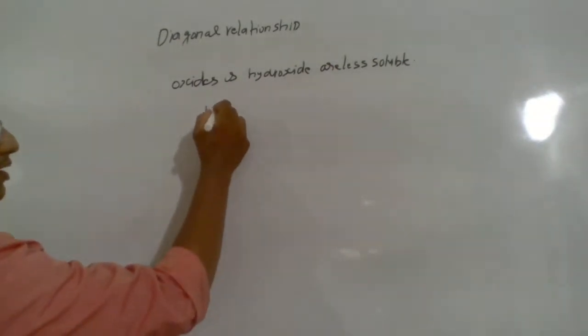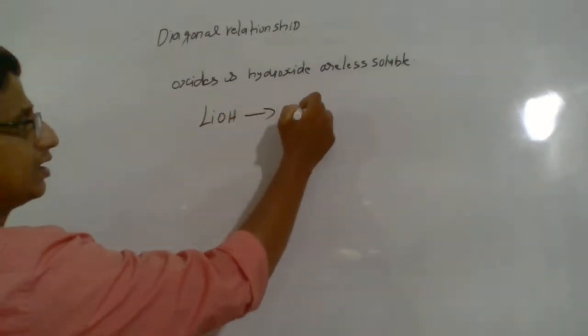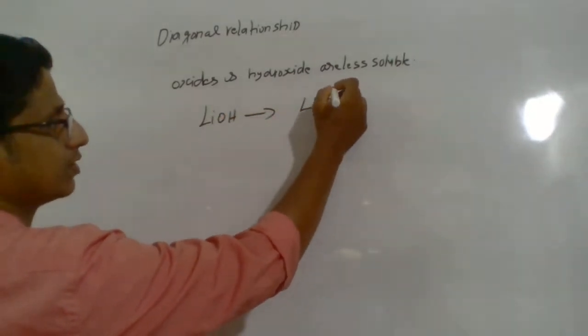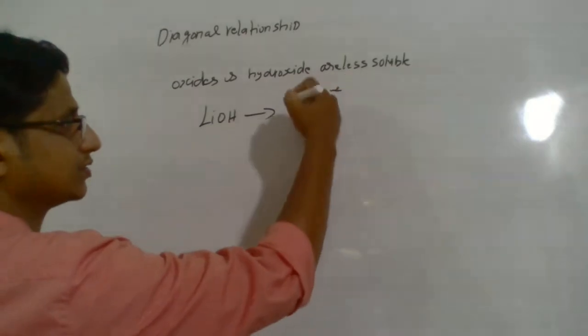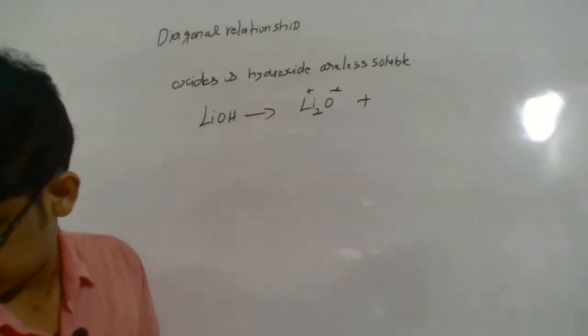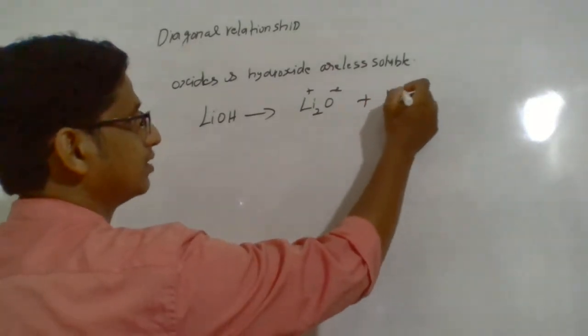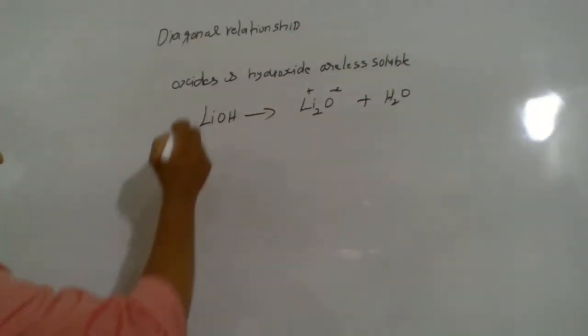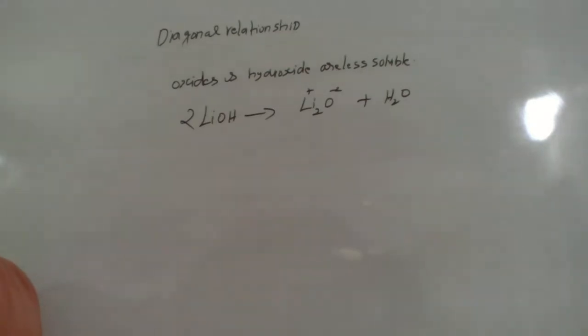For example, lithium hydroxide, when heated, forms lithium oxide. Remember, oxygen is -2 and lithium is +1, so exchange the valency and you will get Li2O, plus water is also liberated. Always write the balanced chemical equation. So 2LiOH gives Li2O plus H2O.